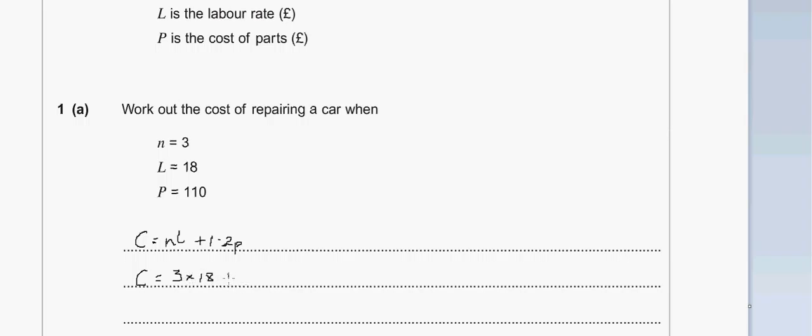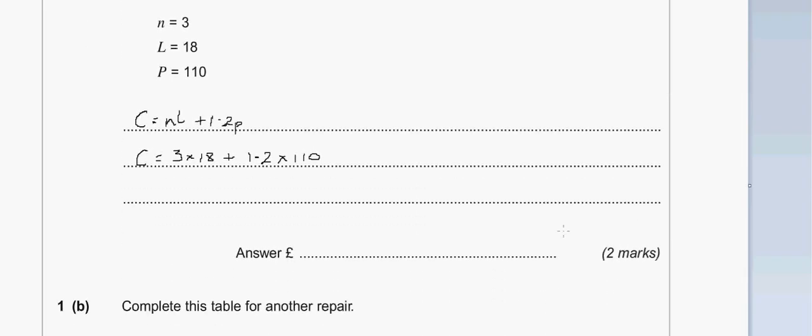plus, now 1.2P is 1.2 multiplied by P, which is 110. So now all of our letters up here have now disappeared, and we have real values.